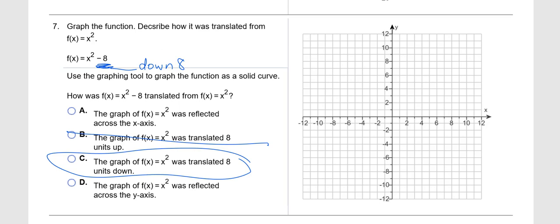What's the value of A? It's a 1. So if I want 1A, 3A, and 5A, it's going to be pretty basic. 1, 3, and 5. Okay, graph it. Start at the origin. Or no, we don't start at the origin. Where do we start? 0, negative 8.